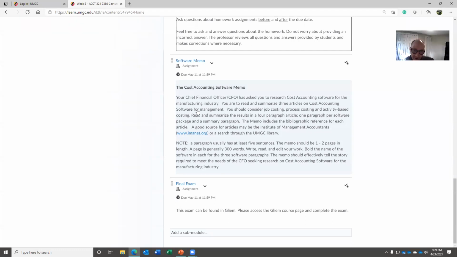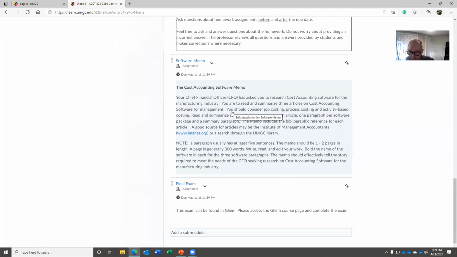So you'll be able to find that in week 8. Basically, all it is, it's a 1 to 2 page memo, just like any other business memo you would write. The objective here is to find and write about a piece of software from a cost accounting perspective.